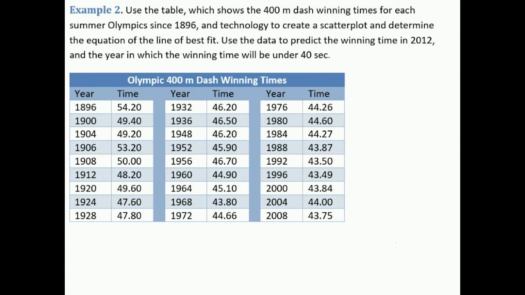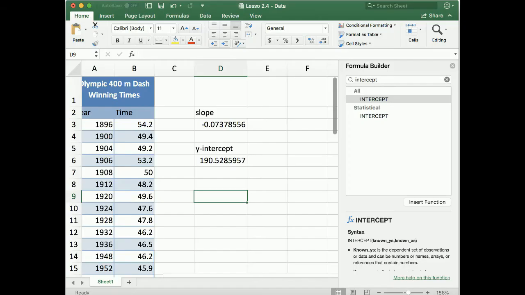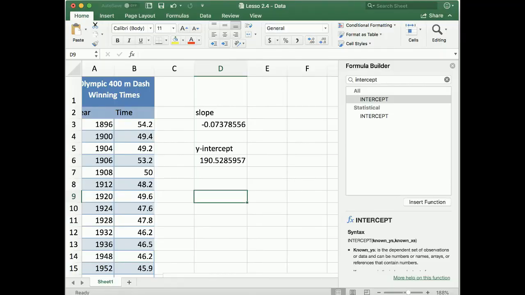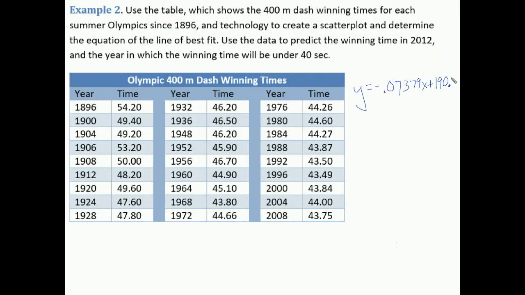So we'll come over here, our trend line, so y equals negative 0.07379x, and then plus our y-intercept, which was 190 point something, 0.53. And so there's the equation of our trend line.